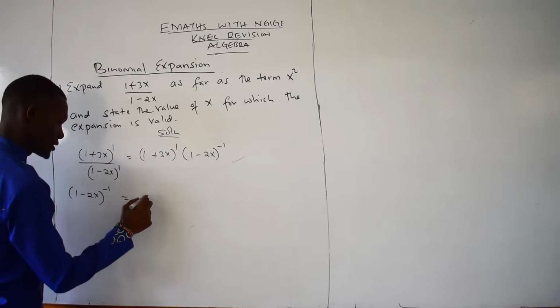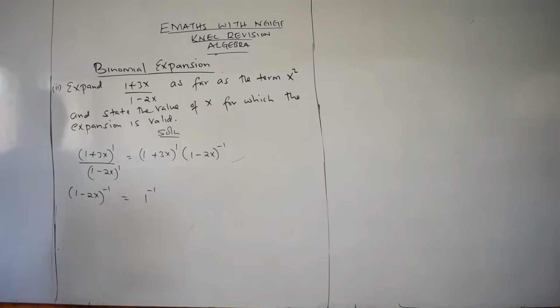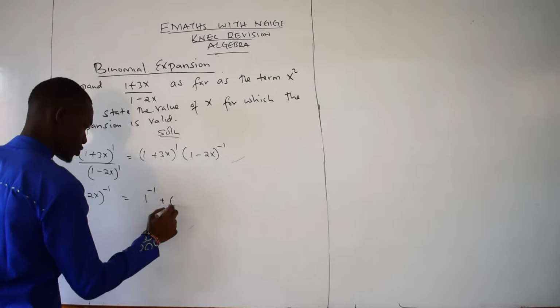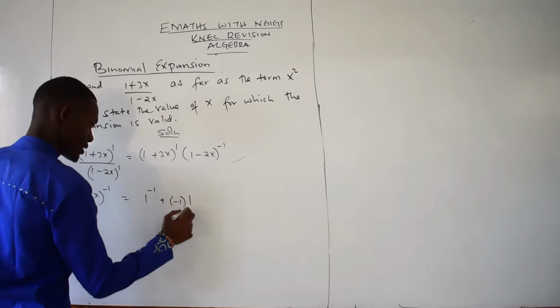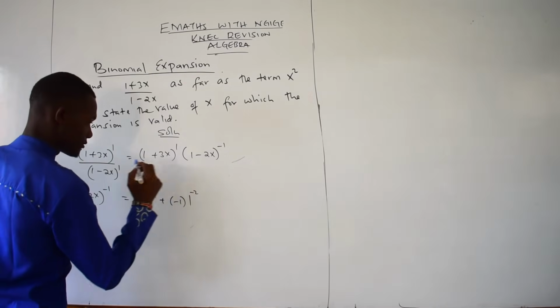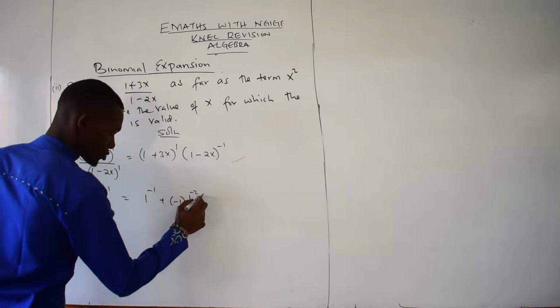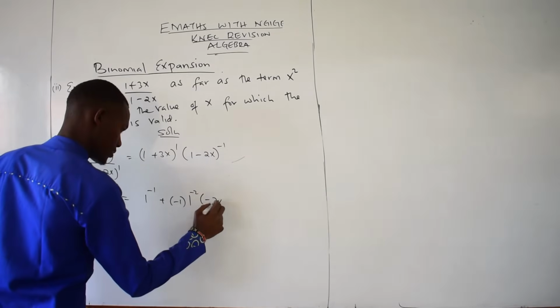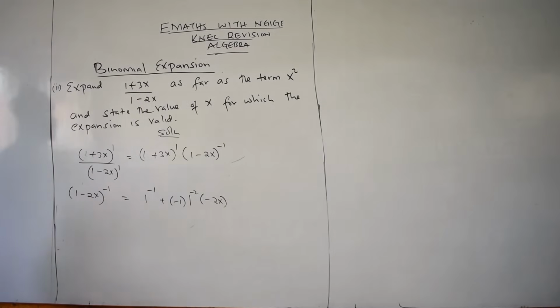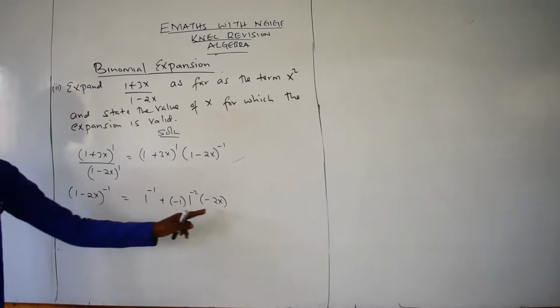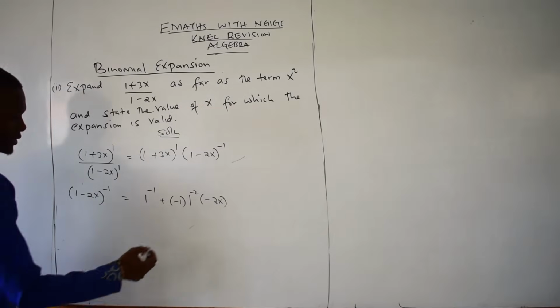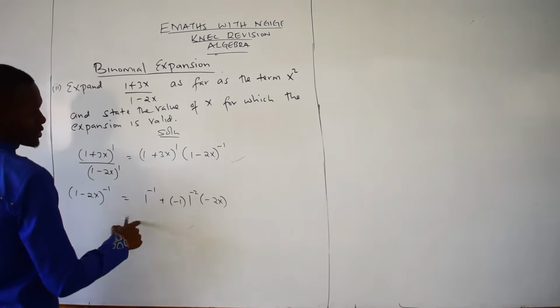So we shall have 1 to the power of negative 1, then plus, drop negative 1, then you have 1, reduce this power by 1, you have negative 2, then introduce your second term to power 1. Remember here it is to power 0, here it comes to power 1, over 1 factorial, this one is over 0 factorial.